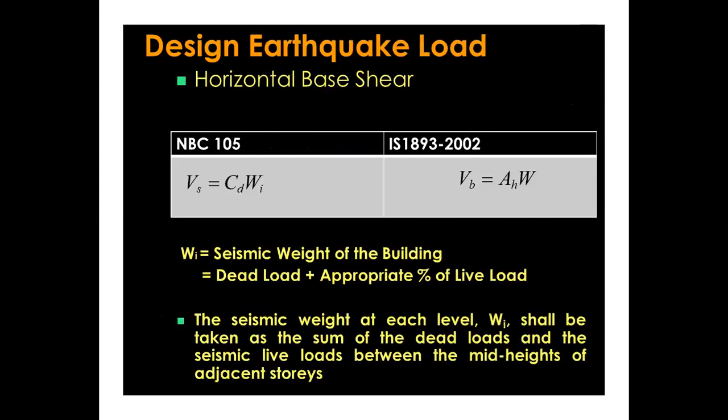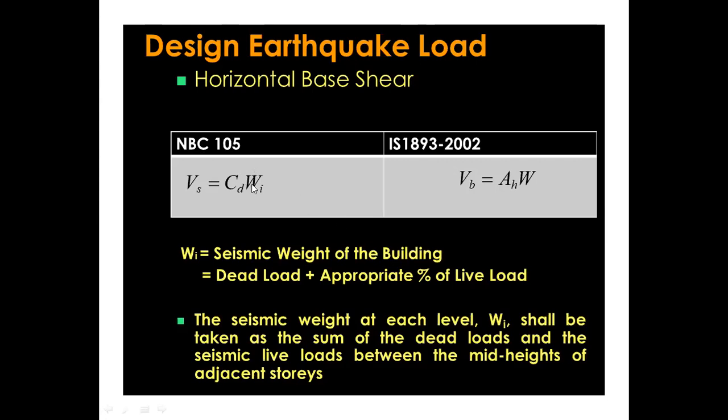Next is the design earthquake load, the horizontal base shear, right? There are two codes. First is NBC 105 and second is IS 1893 2002. Here we do not use NBC 105; we use IS 1893 2002.